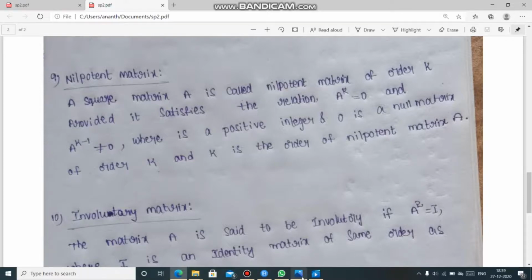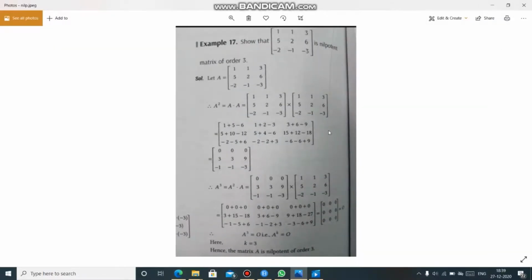Now we have to find that nilpotent matrix. So let A is equal to the matrix 1, 1, 3, 5, 2, 6, minus 2, minus 1, minus 3. So first we have to find the A square value before finding the A cube value.